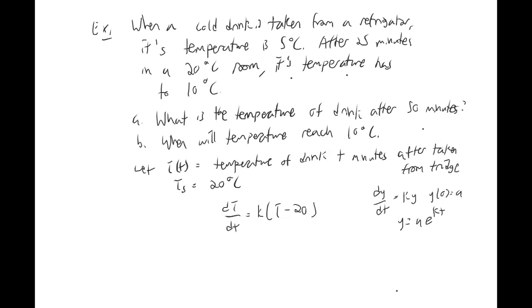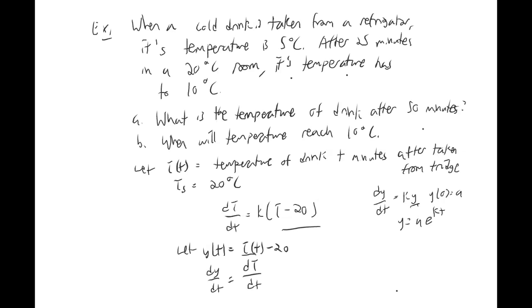Right now we don't have this, but we could let y of t be T of t minus 20. Then what is dy/dt? It's the derivative of this, which is dT/dt, the shorthand I told you, because the derivative of 20 is 0.